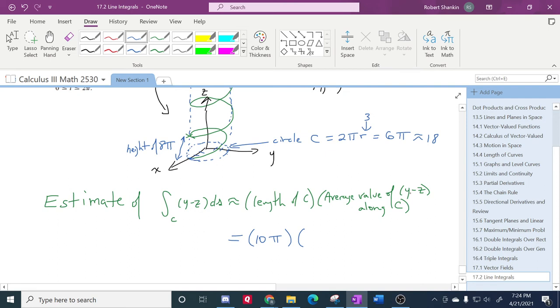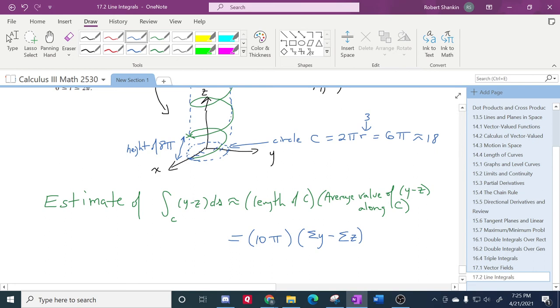Now just think of it a second. You could think of it as the sum of all the y's as you're moving along, minus the sum of all the z's, as you're moving along.